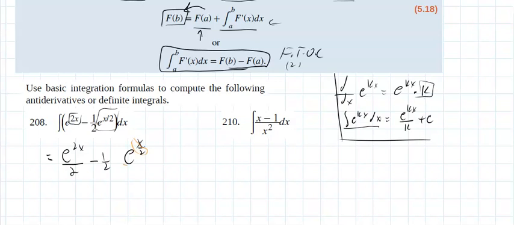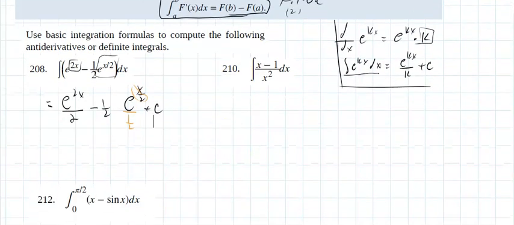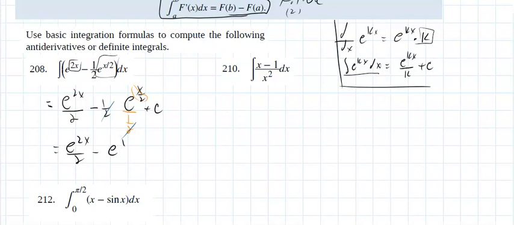To undo that here, you would divide by 1/2. Of course, you could cancel those and say that is e to the 2x over 2 minus e to the x over 2 plus c.